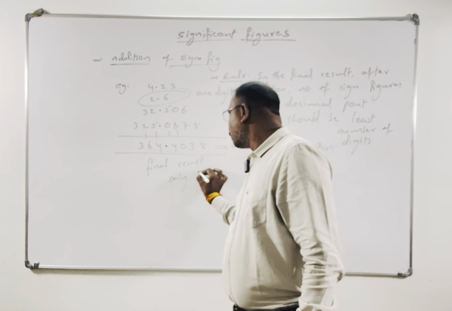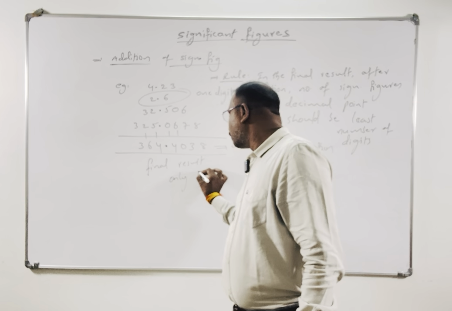It should not be more than one. Why? Because in these values, this one has least number of digits after decimal point. So for that, we have to do a rounding off. To get one digit after decimal point, we have to round off these four digits into one digit.